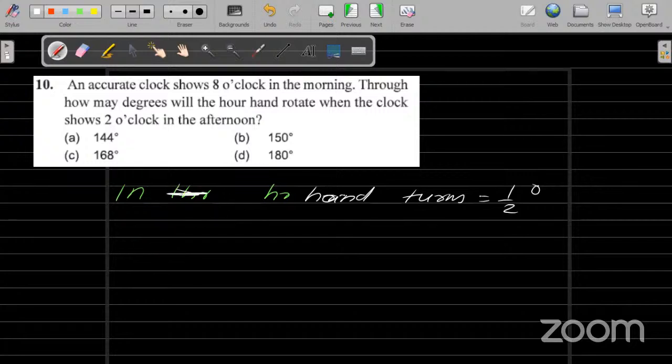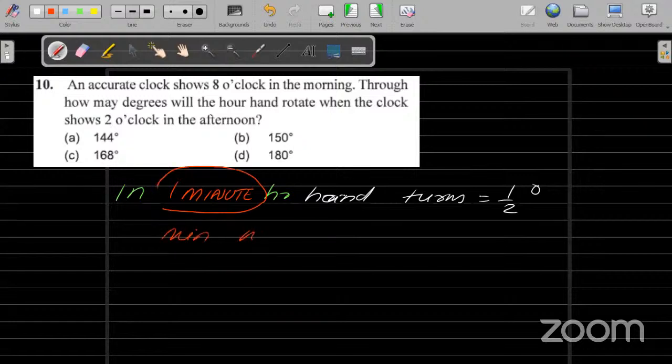In 1 minute, not 1 hour, 1 minute, the hour needle turns half a degree.